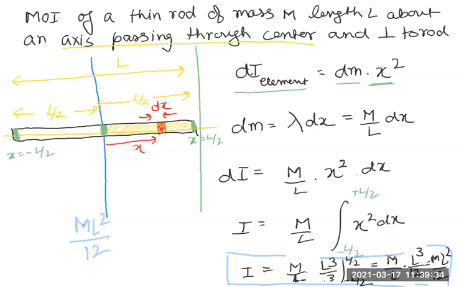If you were to take a ball and suspend it by a string and try to rotate the ball, and you were to increase the length of the string, then you will find that the effort required to rotate the ball with a longer string is much more compared to the effort required with a shorter string.